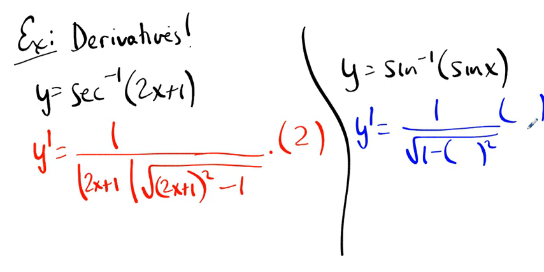Well, that's true. The derivative of the inverse sine of the thing is 1 over radical 1 minus thing squared times derivative of thing. No, that's not true. We need the derivative of the thing. Now, here's the curious part.